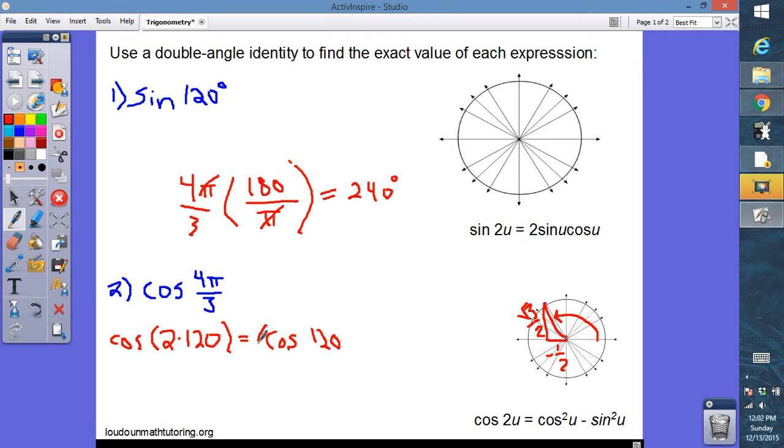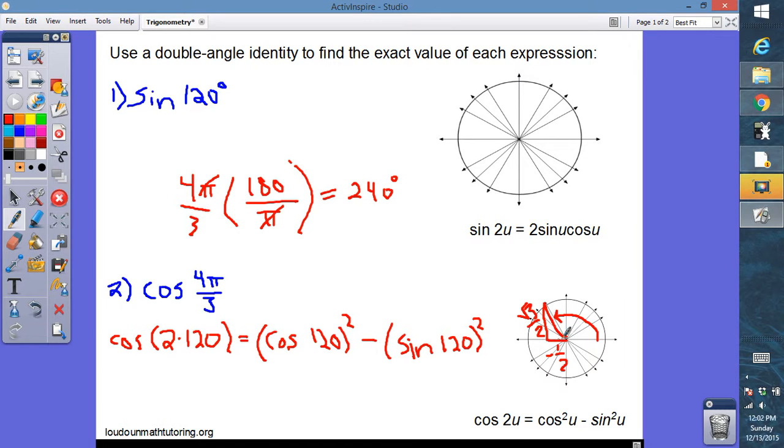Okay, once we figure that out, we're going to square that, minus the sine of 120. And we're going to square that. All right, so here's our 120.